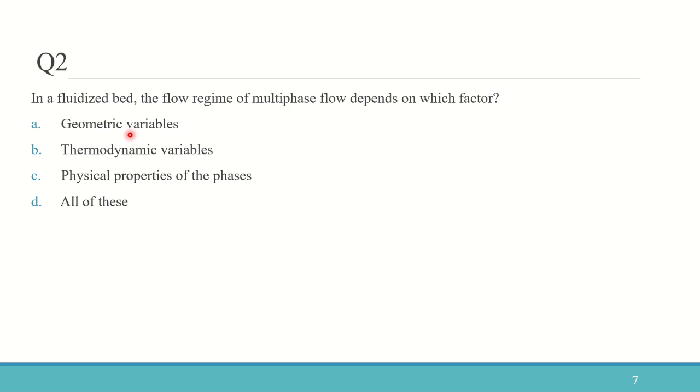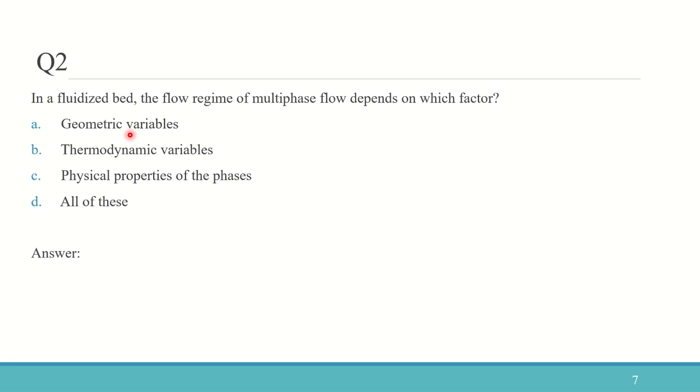Well, all of the above is the right answer because it is a simple question. Why? Geometric variables are the geometry of the system, the distributor design, everything. Circular fluidized beds or rectangular fluidized beds, all those things play a role in the flow regime of multiphase flows.